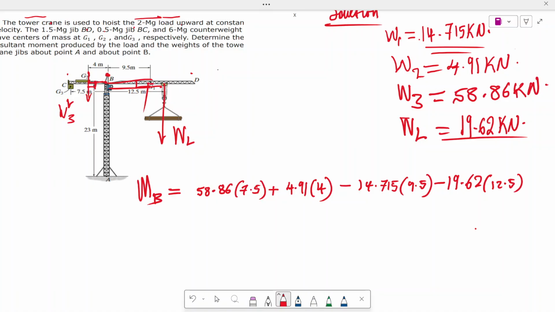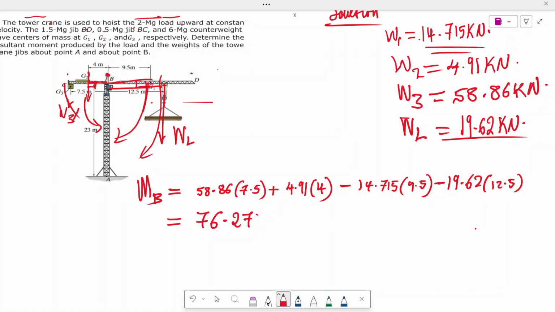I think you know the reason why I'm putting negative. It is because these forces are going clockwise, and clockwise carries a negative, while anti-clockwise carries a positive. So we need to do the calculations here.